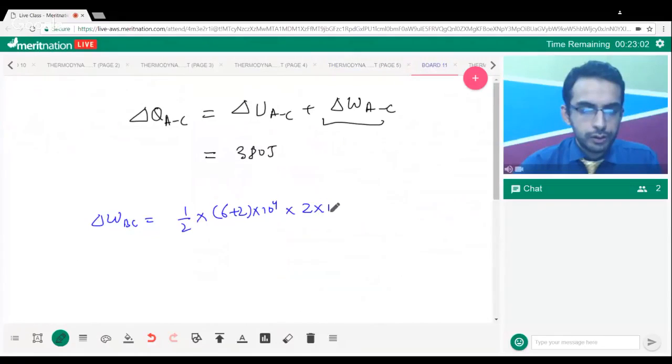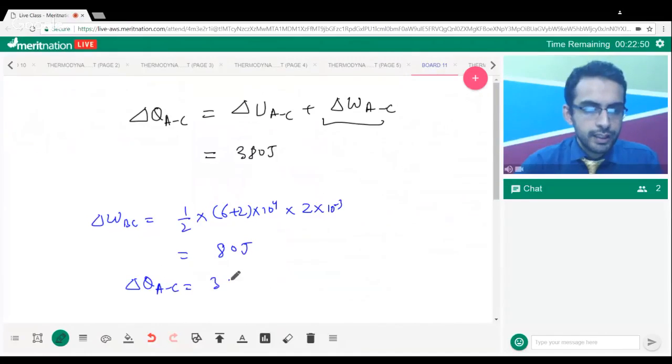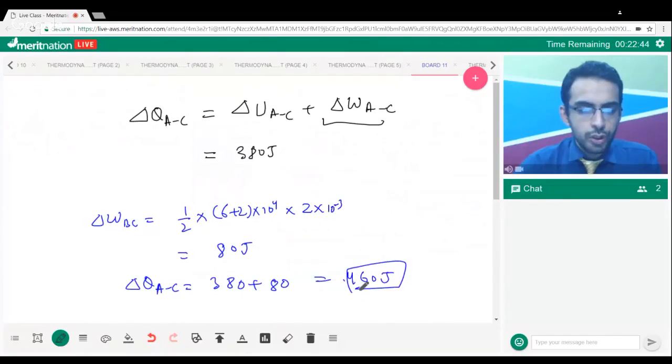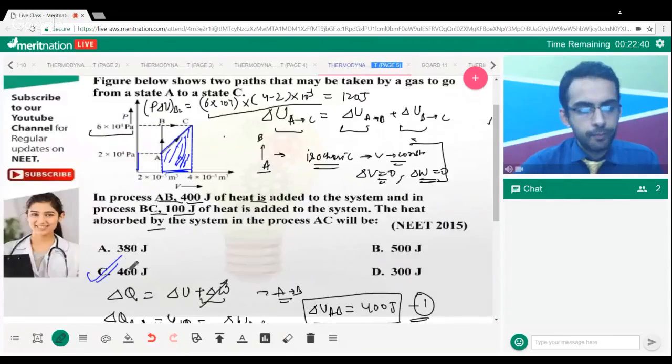When you find its value, you'll get 80 joules. So delta Q AC will be equal to 380 plus 80 joules, and that will become 460 joules. So the correct answer for this question is C.